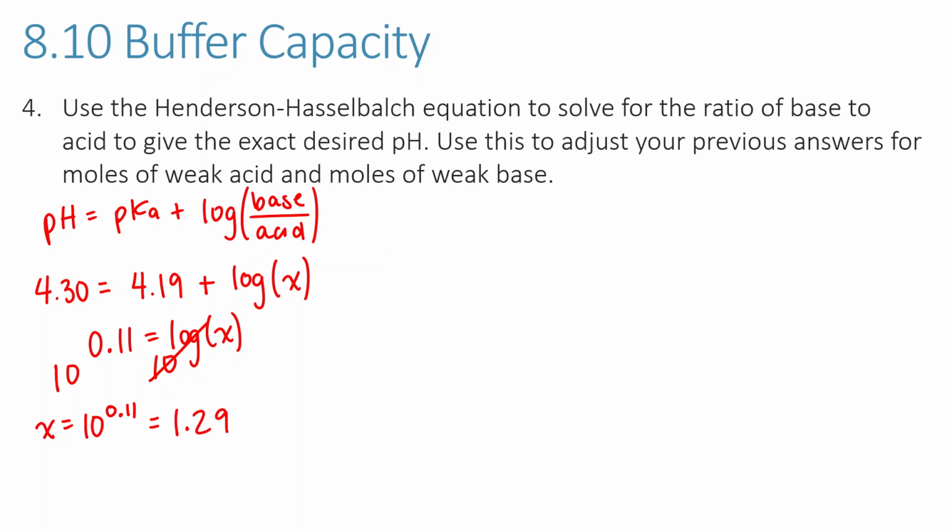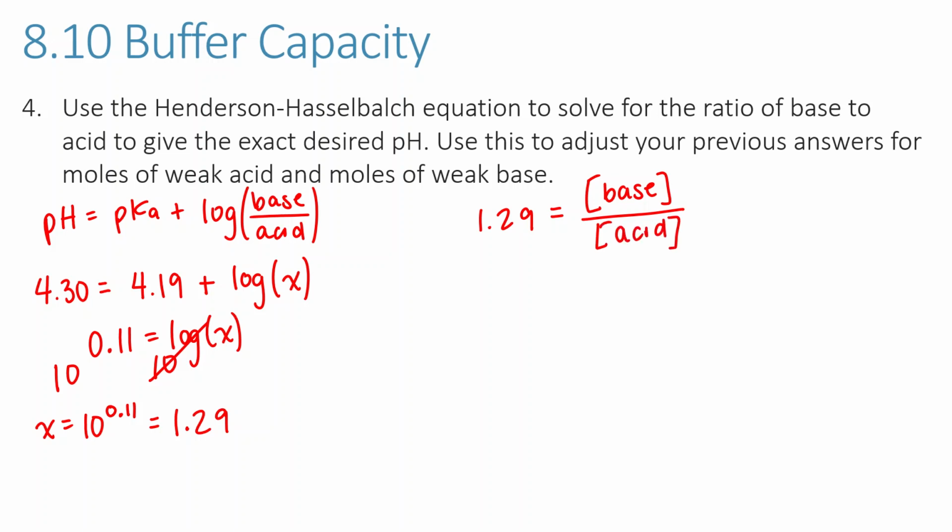So this is the ratio of base to acid. In order to have the correct pH, I need the ratio of those concentrations to be 1.29. Now remember that this 1.29, this ratio, is equal to the concentration of base over the concentration of acid here.